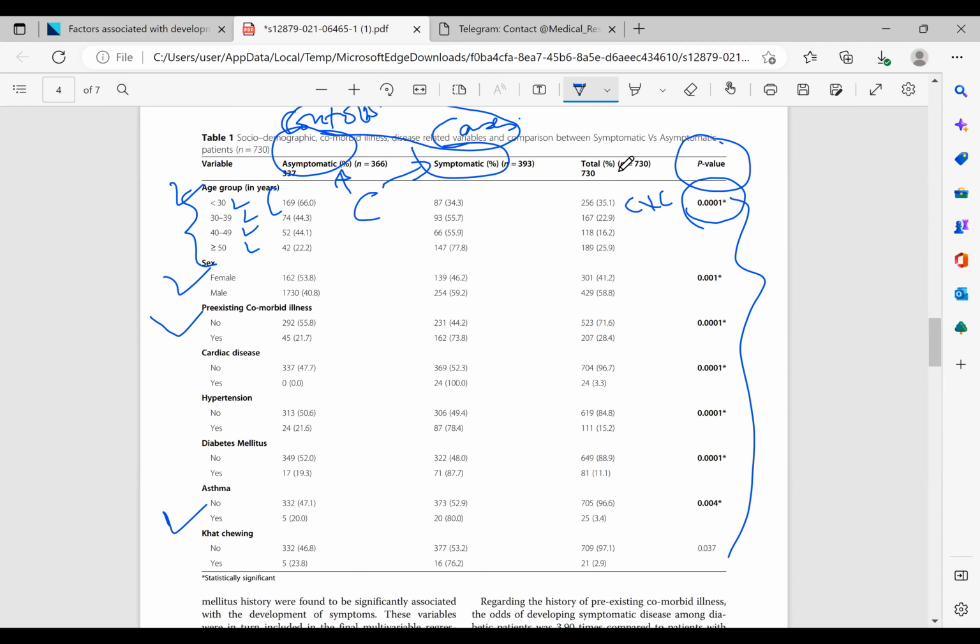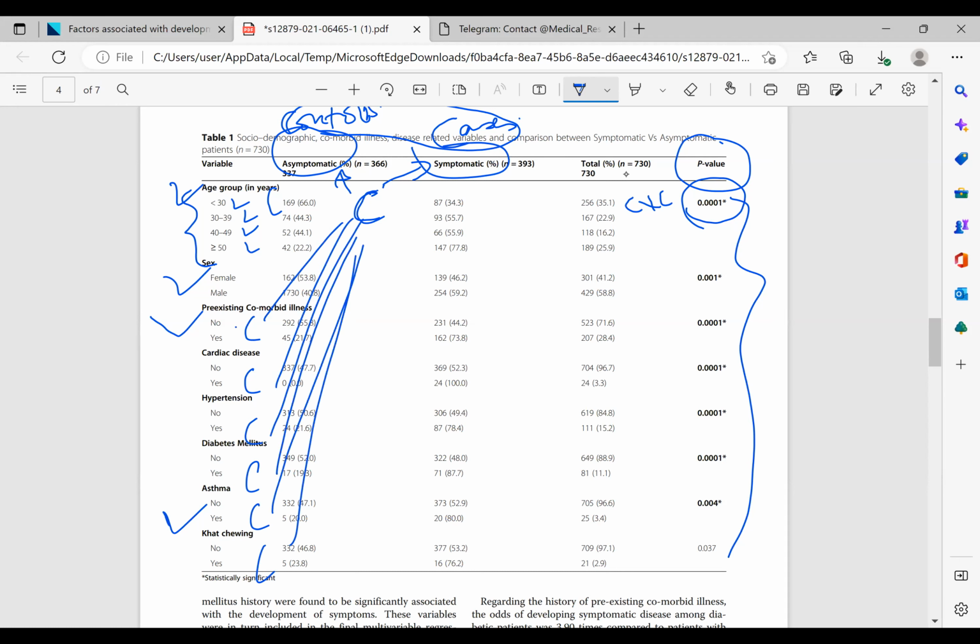So we have used a chi-square test. Thank you. As you can see, for all of the p-values on this table, since the case and controls, or the symptom outcome, is a categorical variable, and all of the other variables are categorical variables here, the proper test that we should use for all of them is a chi-square test, right?